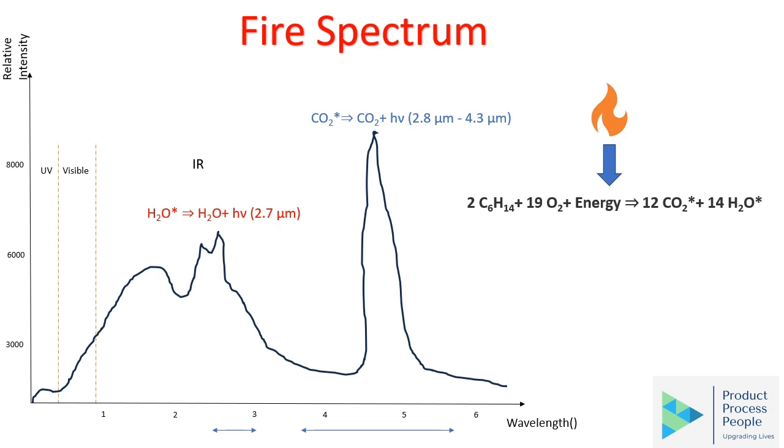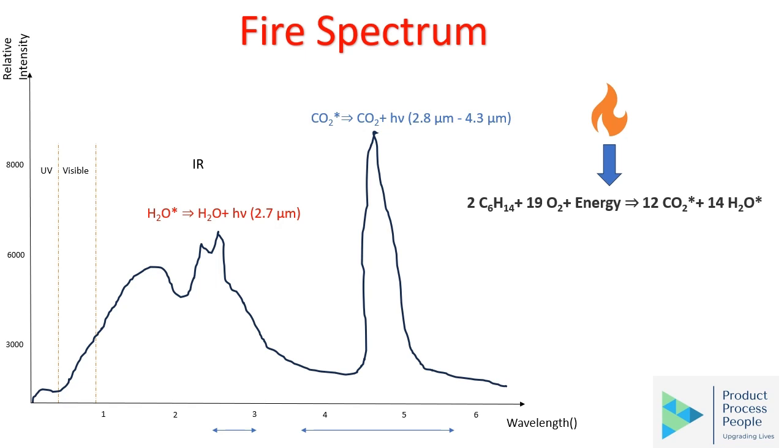The combustion of hydrocarbons, which are commonly found in fuels like natural gas, gasoline, and wood, produces water and carbon dioxide as primary byproducts, both initially in an excited state.